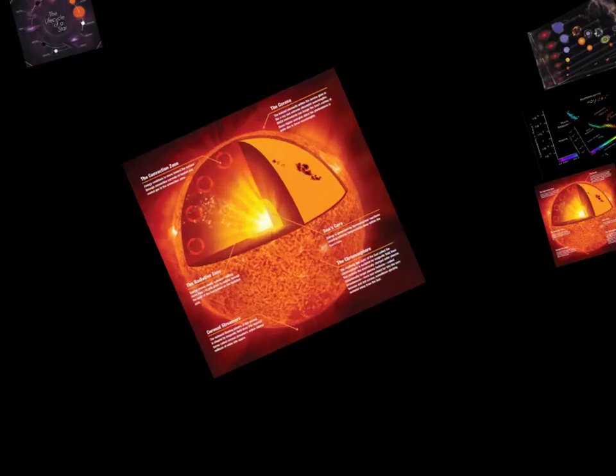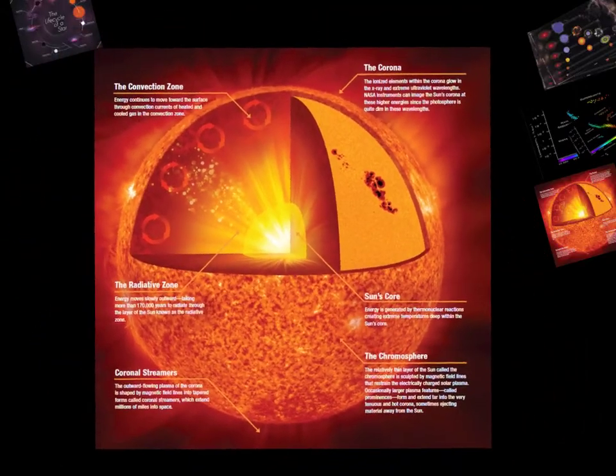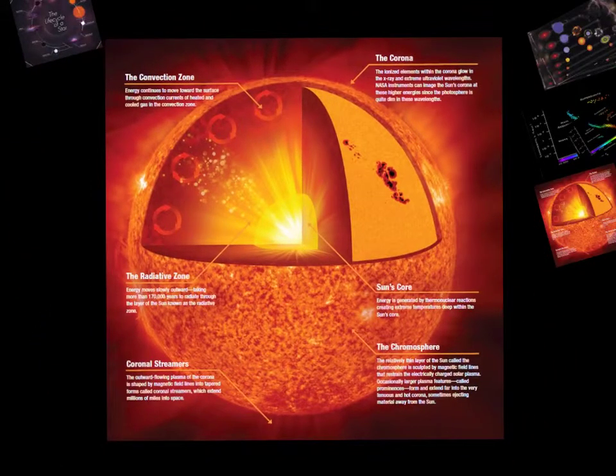So let's look at our sun and what is going on within our sun. We've got different layers, just like in the Earth. We've got our core, we've got our inner core, which is known as the radiative zone.